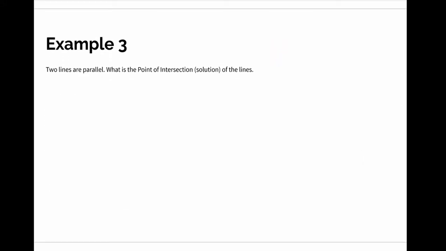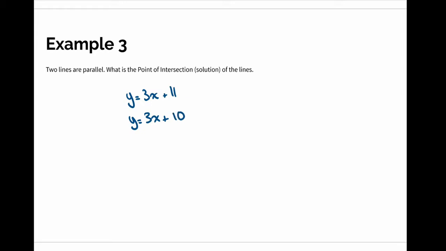Example 3, two lines are parallel. What is the point of intersection or solution of the lines? So this one you have to think about. Let's say we come up with two equations, y equals 3x plus 11. Remember, because they're parallel, they're going to have the same slope.